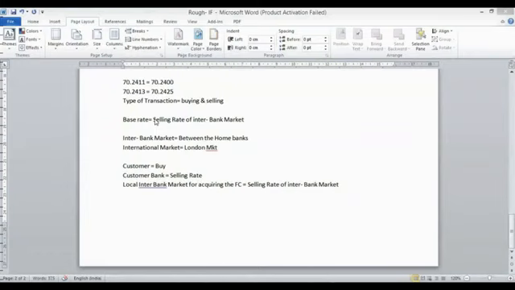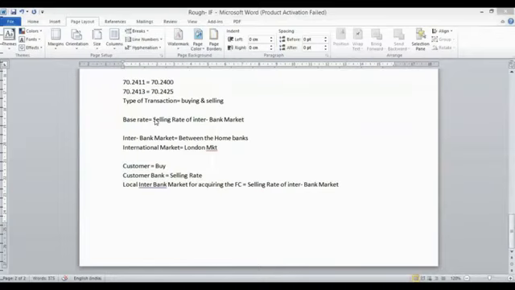You approach a bank, say Punjab National Bank, to get 10,000 Japanese yen. Punjab National Bank was not holding any Japanese yen, so it approached SBI, which was holding Japanese yen. Punjab National Bank will purchase Japanese yen from SBI. So here SBI becomes the big bank and will quote the selling rate.